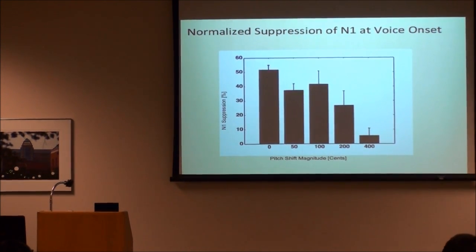But as we increase the magnitude of the shift, that decreases till out to about 400 cents, it's virtually gone. And we now are thinking that when your voice is shifted at voice onset by about 400 cents, you don't recognize it as your own voice. It's like you could tickle yourself when it's not aligned properly.